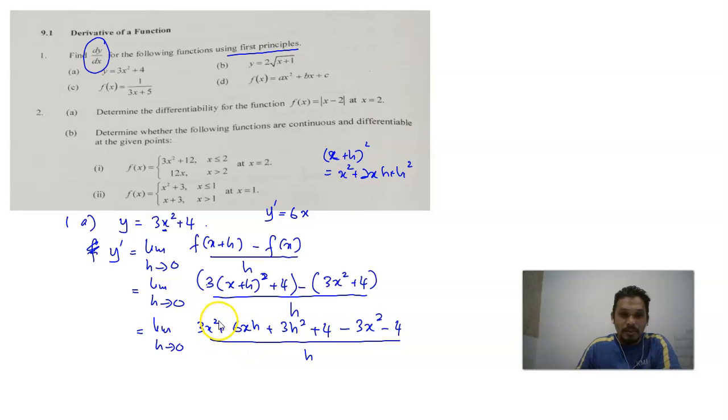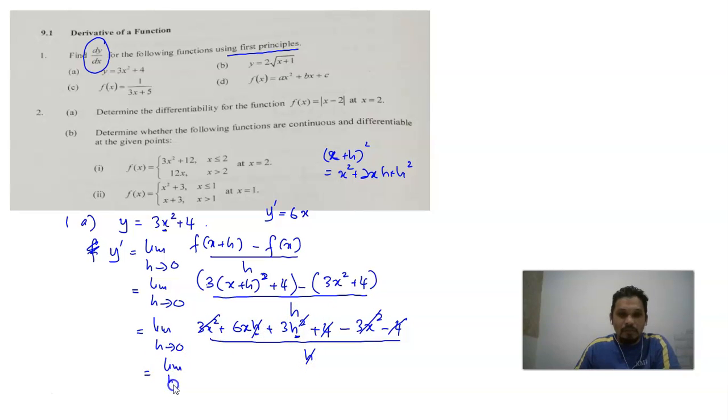Okay, so let's simplify one by one. 3x squared minus 3x squared, 4 minus 4. Okay, so we get h and h squared here, and h divided by the h here.